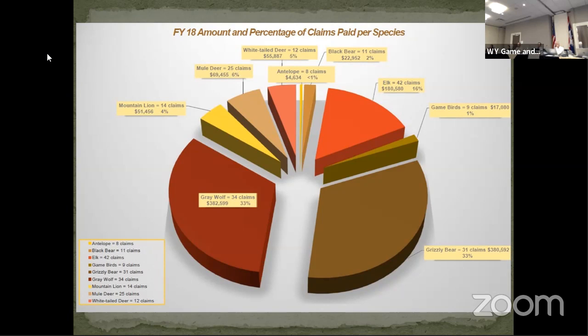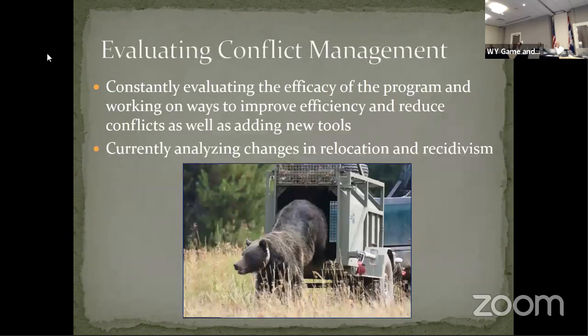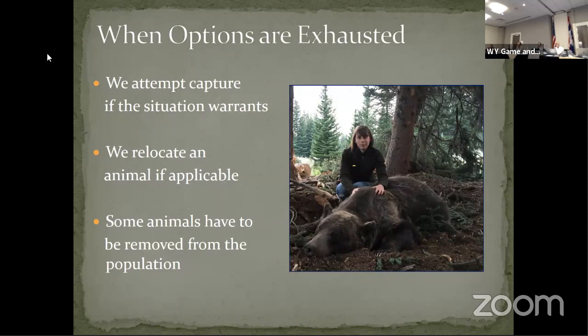So, yeah, with all the money, the time, the effort put into managing all these large carnivores, our last resort is to catch a bear. If we can prevent the conflict from occurring in the first place, that's our ultimate goal. But we do have to relocate bears and lions, for example, and we do have to remove those critters.